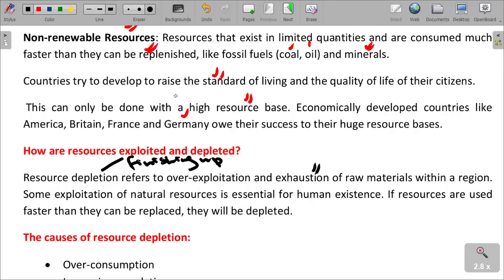Some exploitation of natural resources is essential for existence. We already indicated that human life is not possible without the use, the exploitation, or the manipulation of various natural resources. So if resources are used faster than they can be replaced, they will be finished.